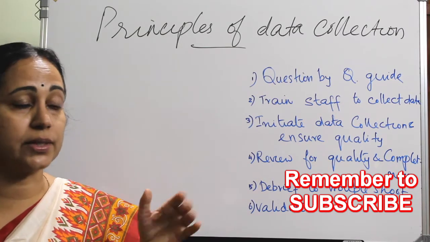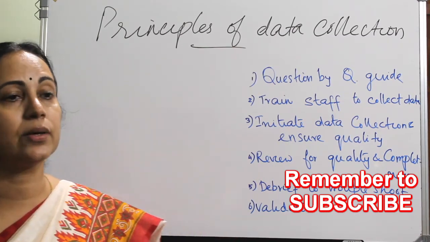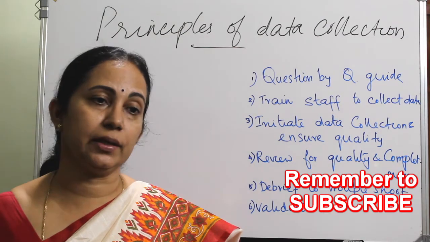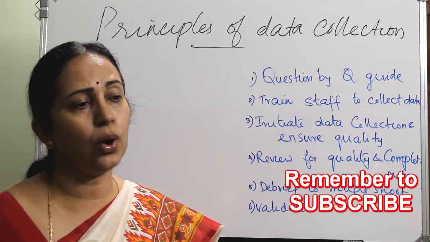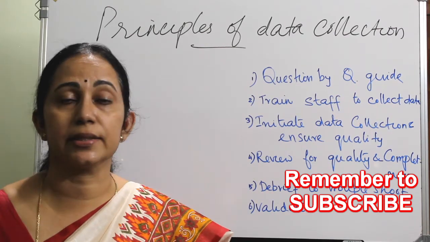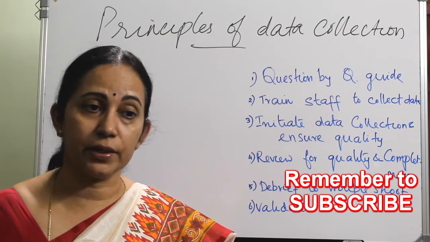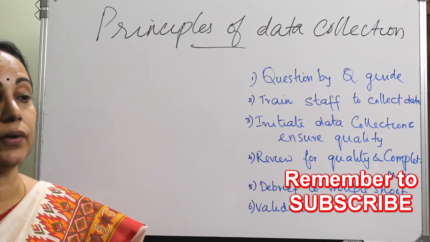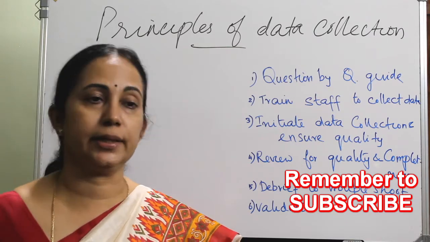The Q by Q guide will tell you what things have to be done and asked, so that there won't be any variability. All investigators will ask in the same manner, your collected data will have very good quality, and a very good Q by Q guide will be a very good road map to get very good data collection.